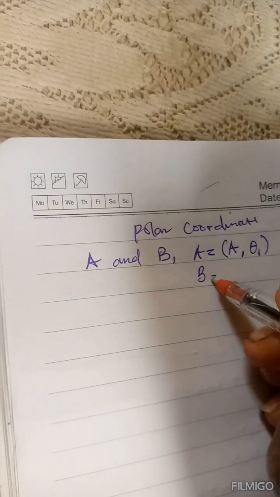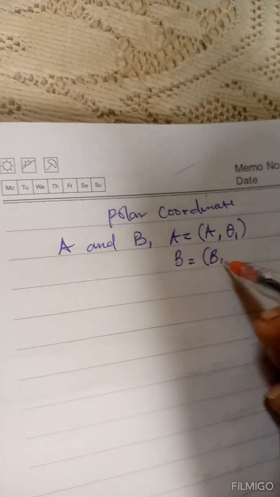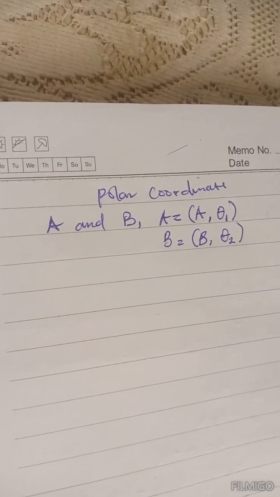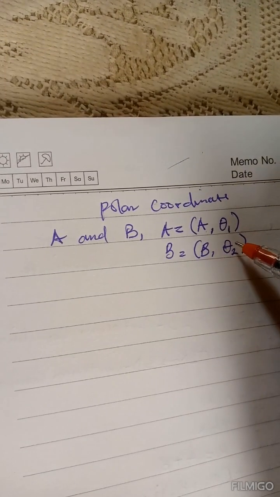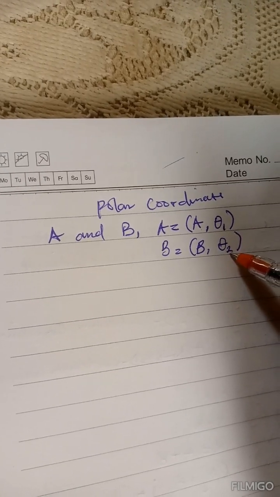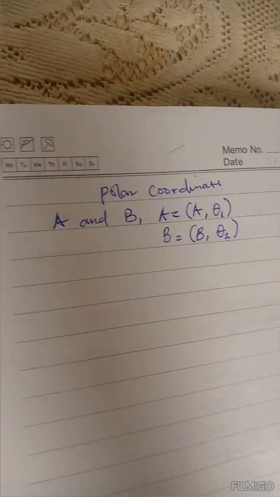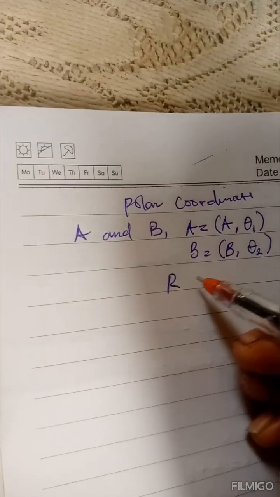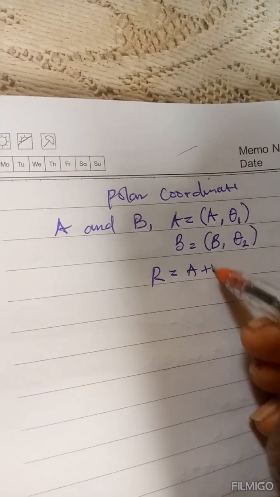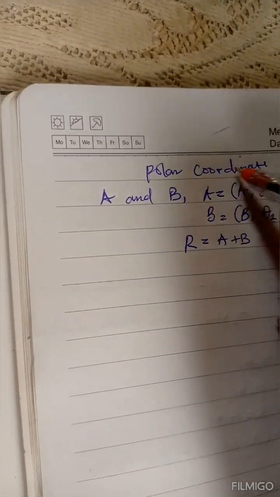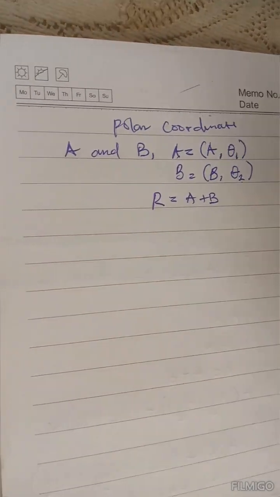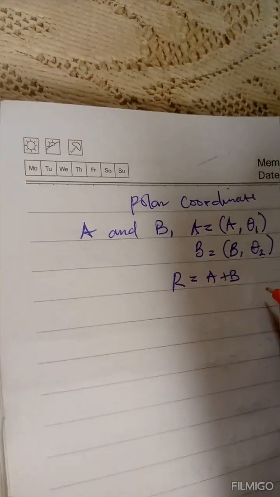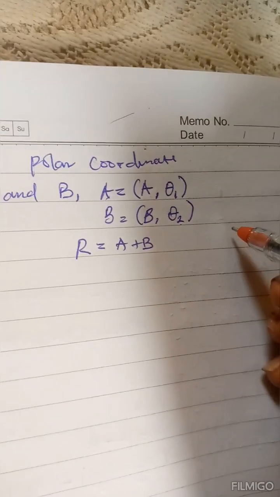Then for B also, I'm supposed to have a magnitude B and the angle theta for B. I'm putting it as theta 1 for A, theta 2 for B. If I'm resolving these two vectors, remember that the resultant vector is equal to A plus B. Resolving vector A into two components, I'm going to be using the abbreviation SOHCAHTOA.